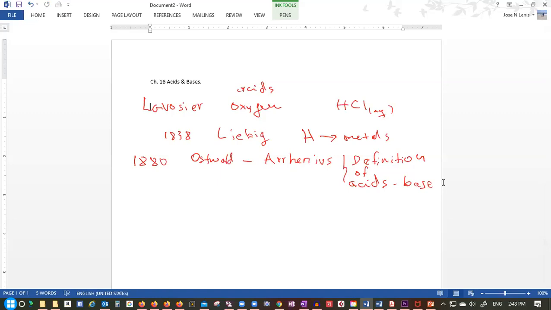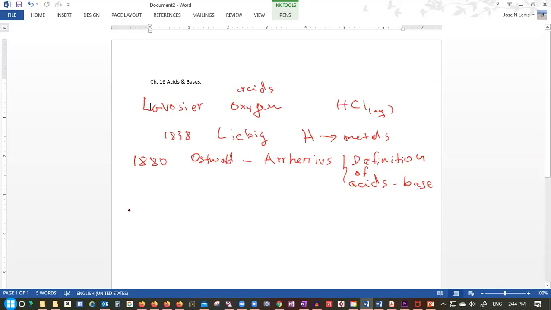I'm not going to spend a lot of time on this definition. This was the classic old definition. He defines acids as substances giving H plus ions, and bases as substances giving OH minus ions in aqueous solution. I'm not even going to write it because we don't use the concept and there's no need to waste a lot of time on that definition.